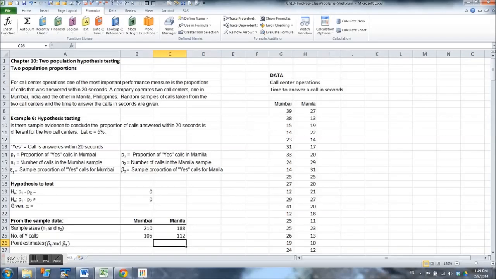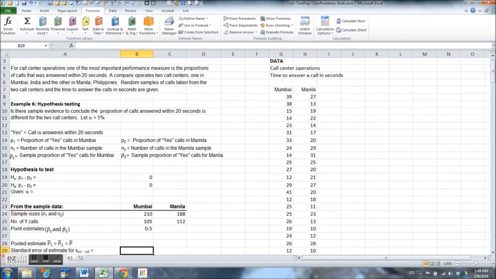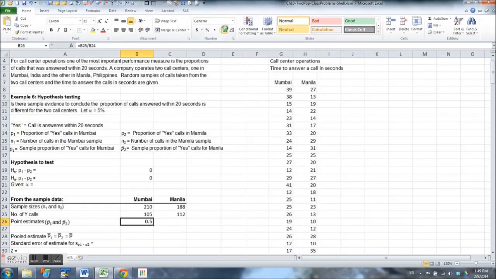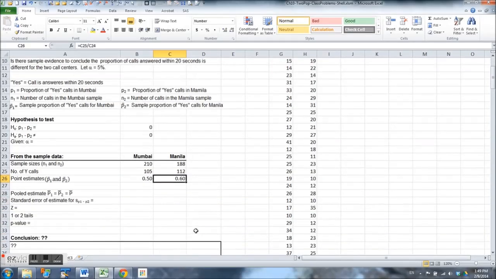So that will give us the number of S calls. So point estimate is number of S calls divided by the sample size. That's our P sub 1. Let's put one more decimal place there. And that's our P bar sub 1 and P bar sub 2.